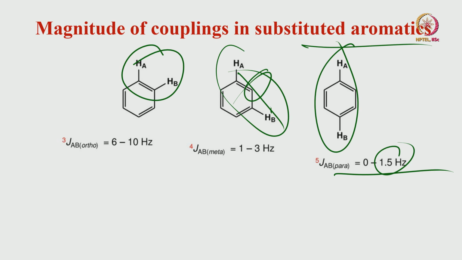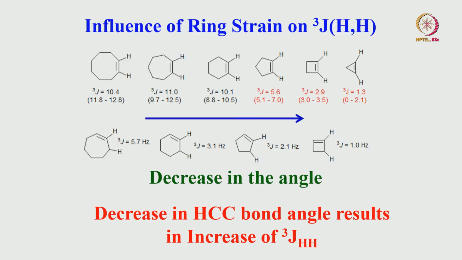But always remember, ortho coupling is generally larger in phenyl groups than meta coupling, than para coupling. That order is more or less maintained.